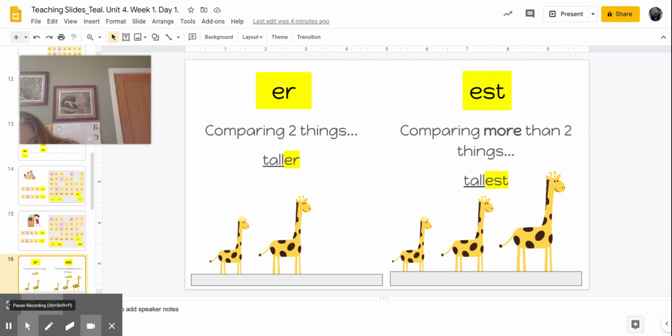So under -er, we're going to write the word softer. And let's tap out our base word soft. Soft. Now we're going to write softer.